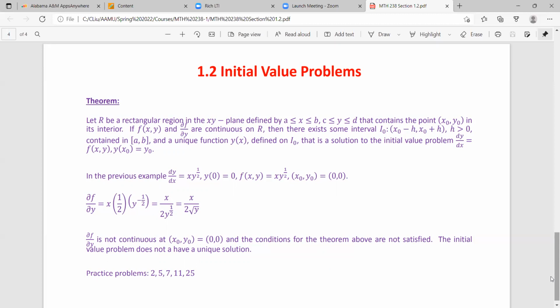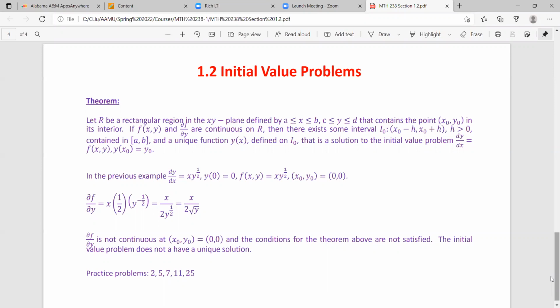Okay, if you draw a rectangle on the plane, the left hand side is x equal to a, right side x equal to b. The lower part, y equal to c, and the upper part, y equal to d. Okay, a, b, c, d. That's a rectangular region that contains the point x0, y0 in its interior. So you just pick any point inside this rectangle, we call it x0, y0, the coordinates of the point.